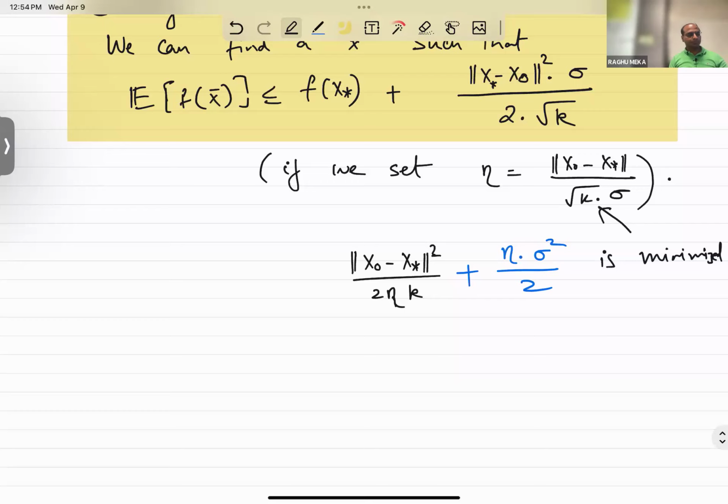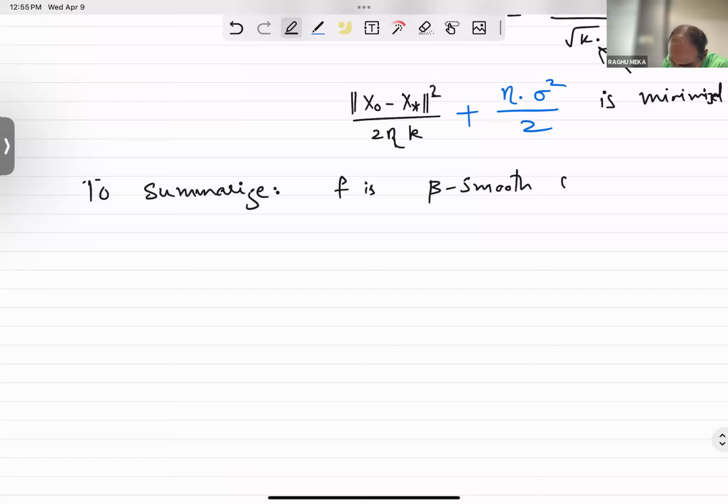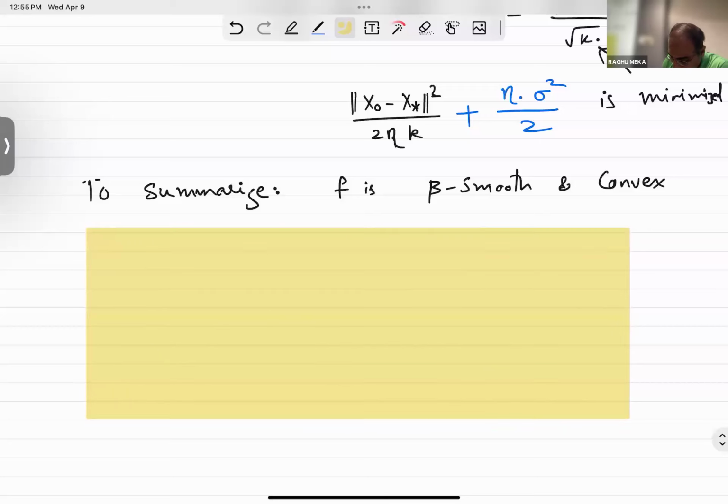All right. To summarize, let's say f is beta-smooth convex. If I only focus on the number of iterations needed to get some error epsilon, think of variance, the norm, and beta as being constant, like they're all 1 or something.